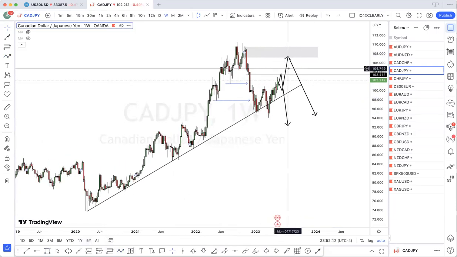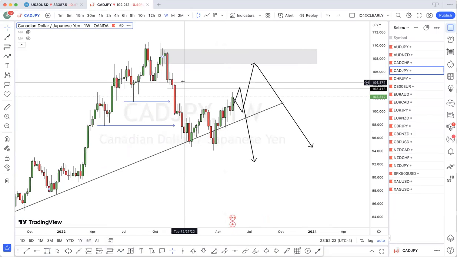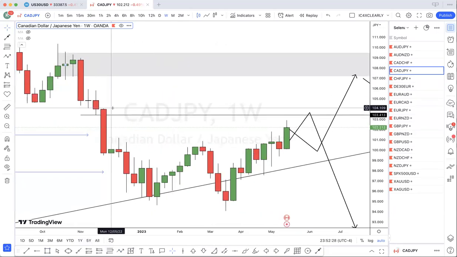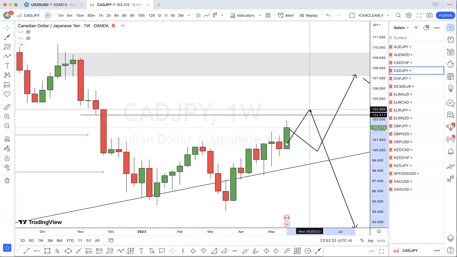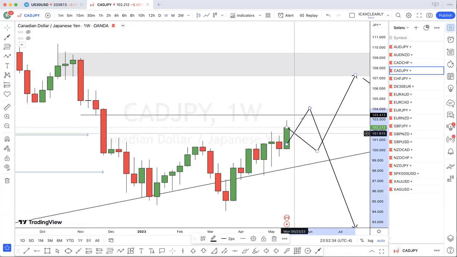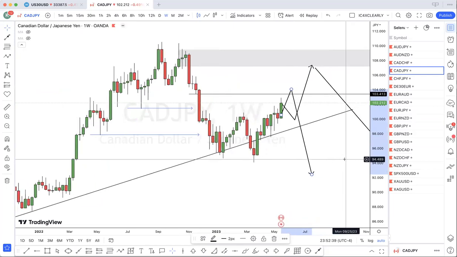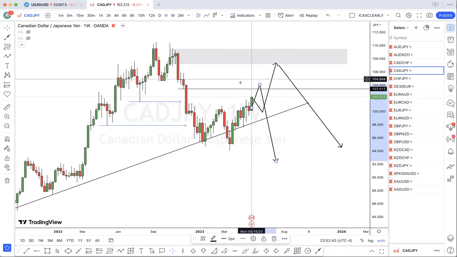Okay, so I would definitely watch for price, once it pulls back to fill this imbalance. There's an order block here. There's an actual order block here. So price may come to that order block and then drop, or price may just come fill this order block.